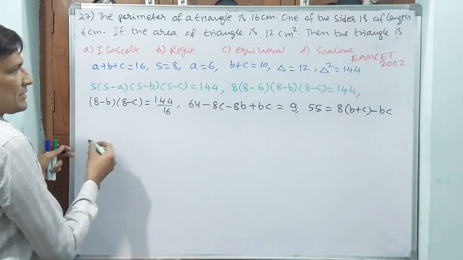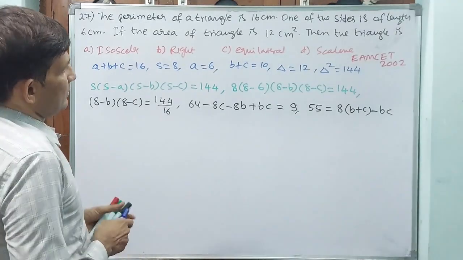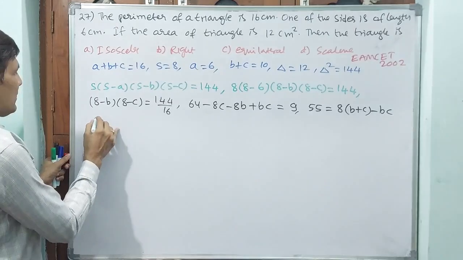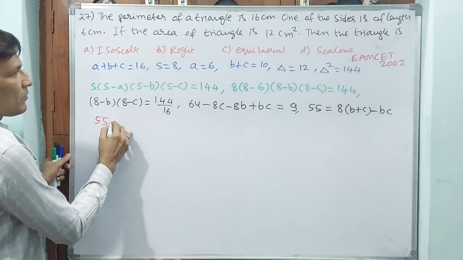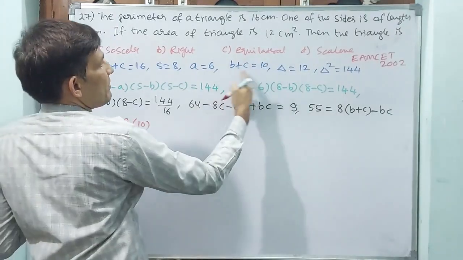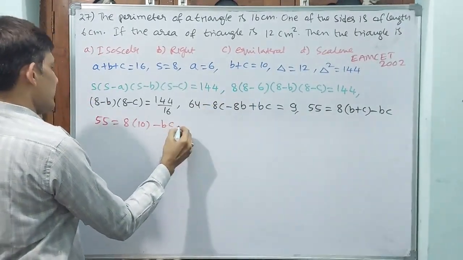That is the advantage. Then proceed further. That means 55 is equal to 8 into 10, b plus c is 10, minus bc.